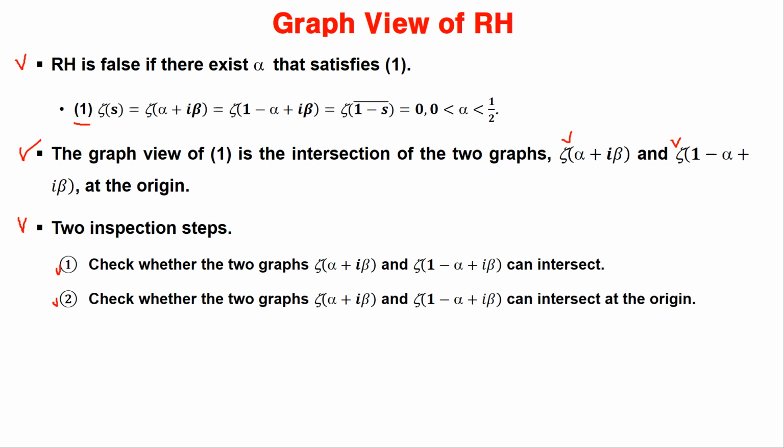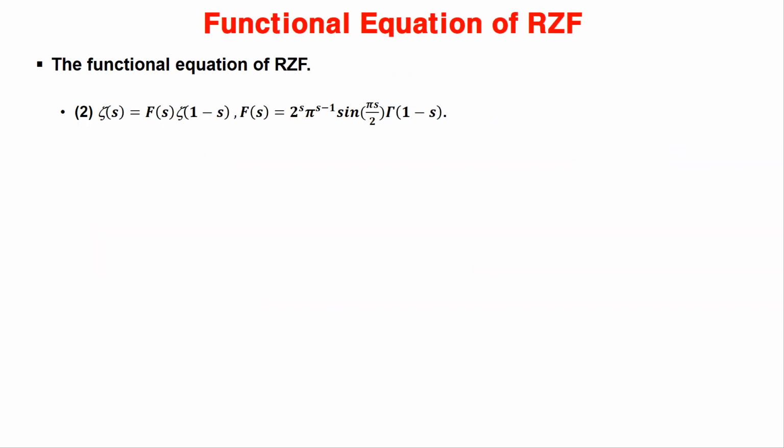Second, check whether the two graphs can intersect at the origin. We repeat the functional equation of the Riemann zeta function as equation 2.